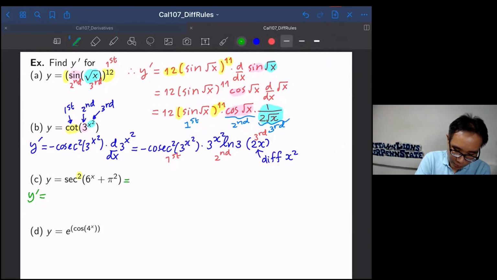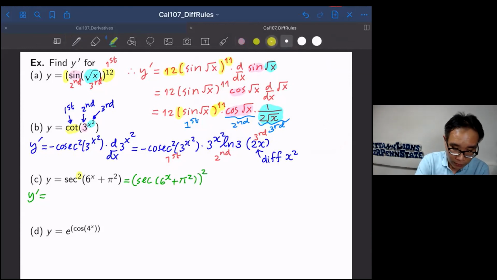It's not secant because if you rewrite this thing, it's going to be sec of 6 to the x plus pi, all squared, and square will be the most outside one. So in this case, this is how I see this function. And you have the second one, which is sec, and the inside one will be 6 to the x plus pi. Okay, so this is what you should see first, second, and third respectively.